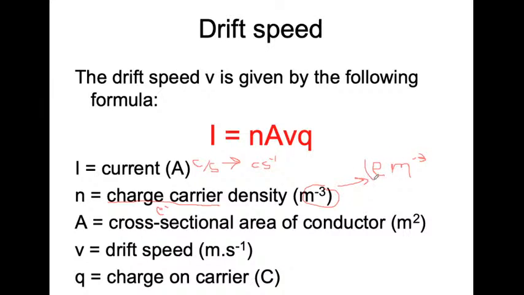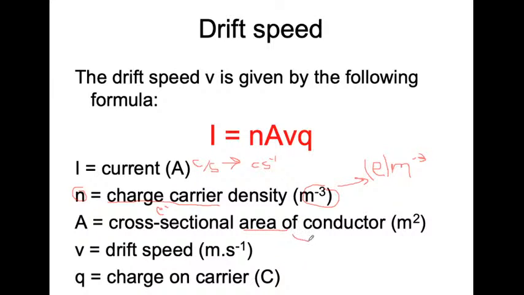Right, so we could have 10,000 electrons per meter cubed. We could have 10 billion electrons per meter cubed. That will be our N value, the density of our electrons, or of our charge carriers. A is our area. We're usually working with wires that are cylindrical, so the cross section of a cylinder will be a circle.